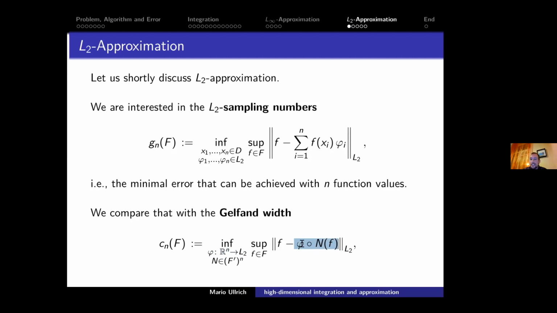It's not linear, it's just that you have some fixed information, and you take some reconstruction. I think the Gelfand widths are well known in this community. So you take the minimal error that can be achieved with arbitrary information and arbitrary reconstruction algorithms. We'll just call them c_n(F), and keep in mind, that's L2 here.